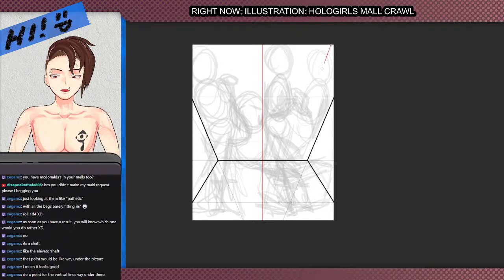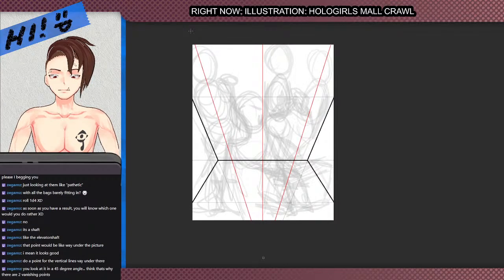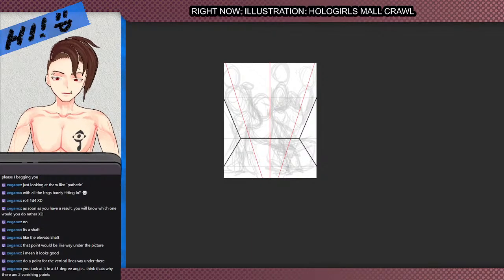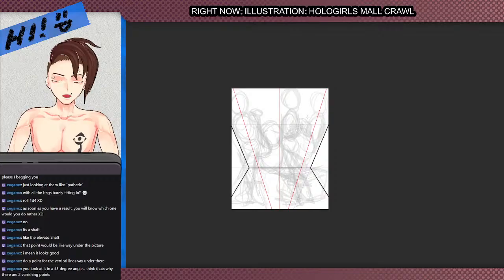That means I have to make the girls also vanish to the same point of sorts. You look at it at a 45-degree angle. I think that's why there are two vanishing points. Yeah, that might be it.